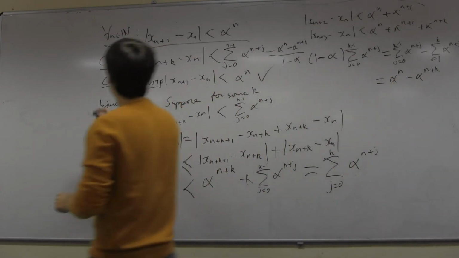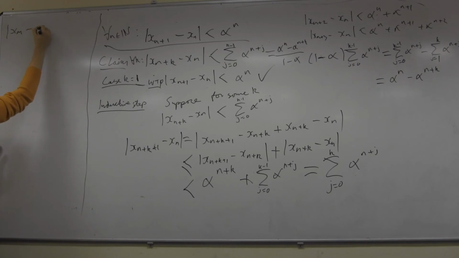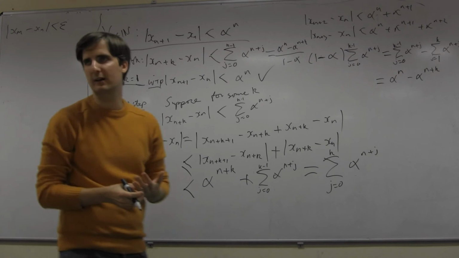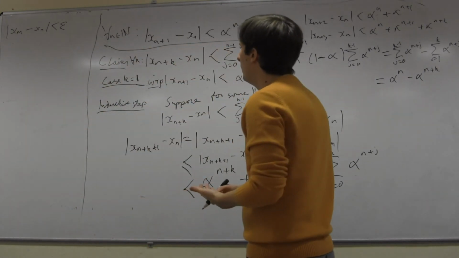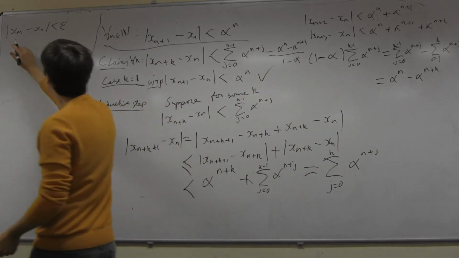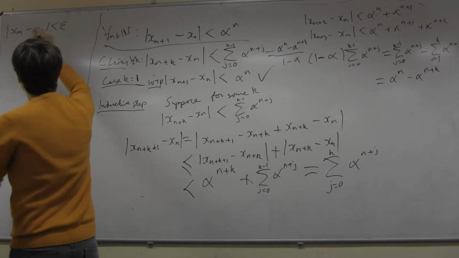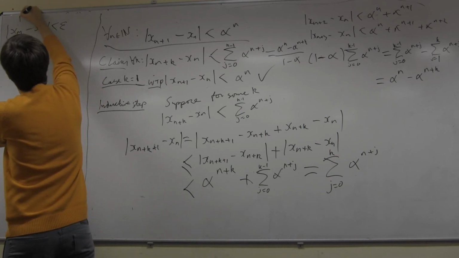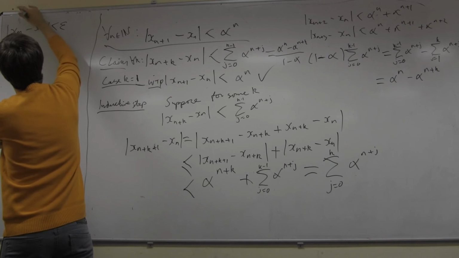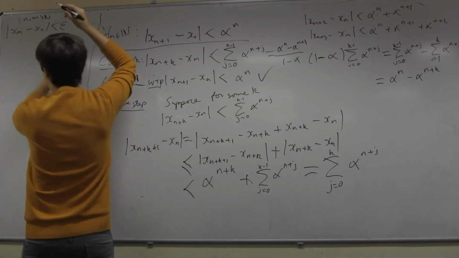So what we're trying to get to is something of the form x_m minus x_n is less than epsilon. That's where we're trying to go, such that if n and m are bigger than N, then this is true.